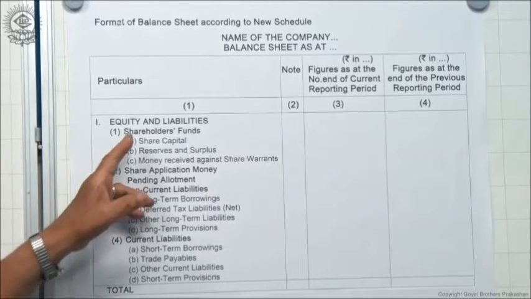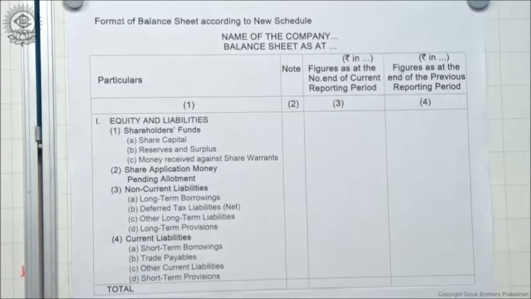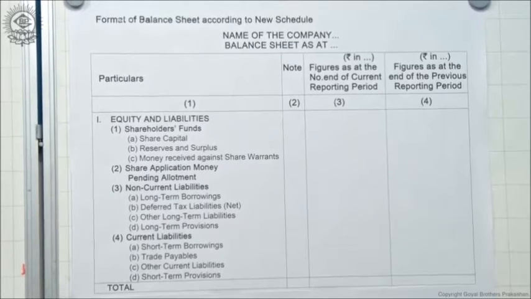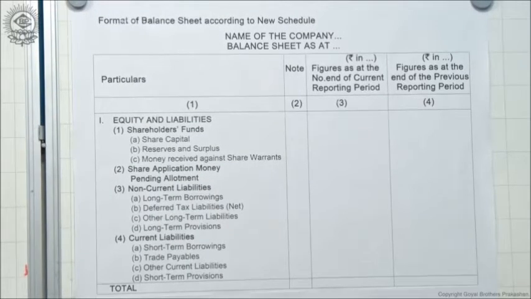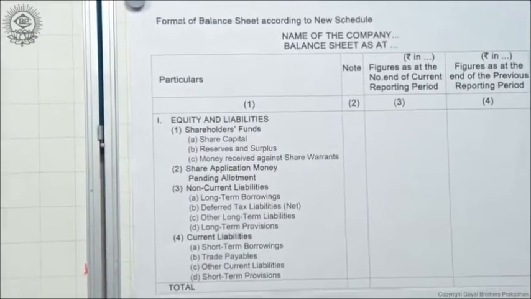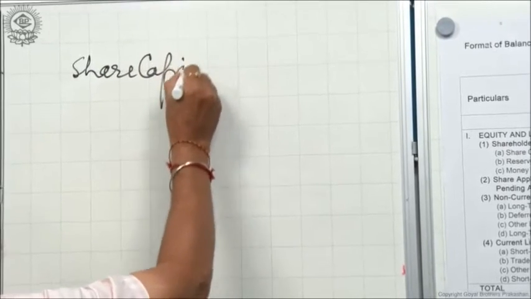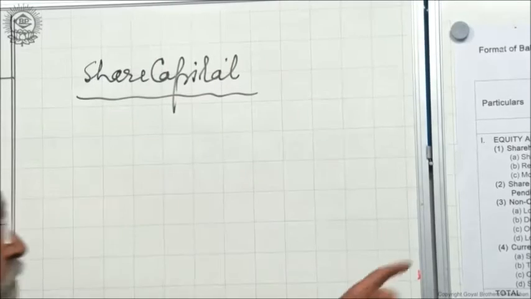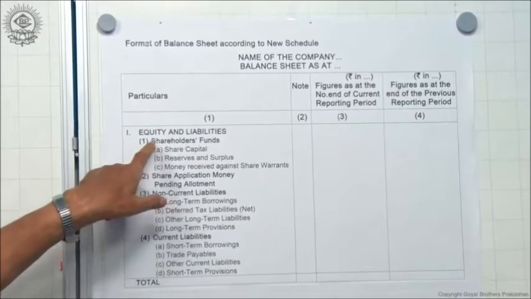So first of all, we take shareholders funds, and in shareholders funds we have share capital. Share capital is shown in the balance sheet under a subheading of the major heading.